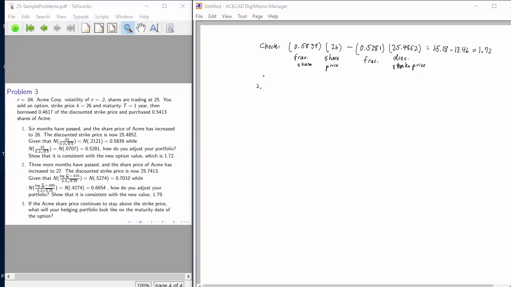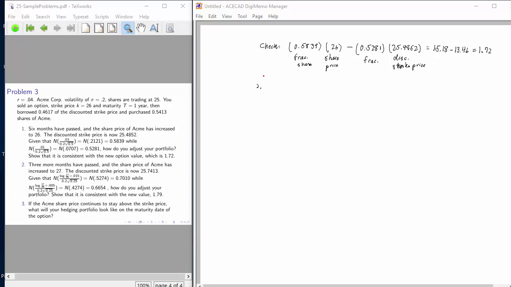Another 3 months. We're now only 3 months away from maturity, and Acme's doing nicely. It is up to 27, $1 higher than the strike price. It's looking as though it's going to end up in the money. Furthermore, the discounting effect on the strike price is even smaller. The discounted strike price is now getting very close to 26. Again, I plug into the Black-Scholes formula. I have a smaller time to maturity.